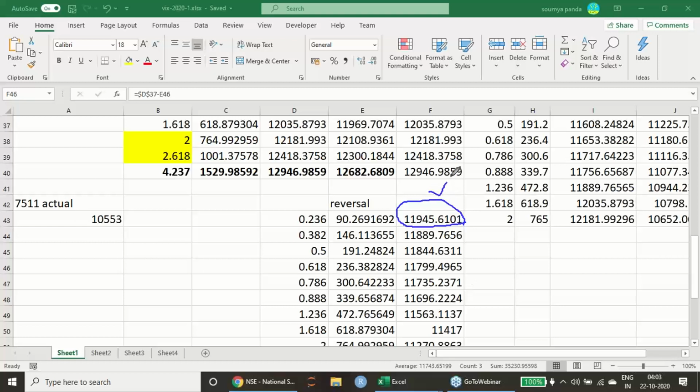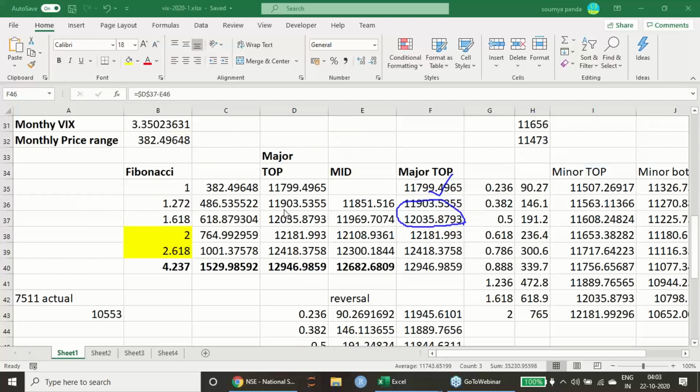If the Nifty manages to close above 11,946, I repeat, if the Nifty manages to close above 11,946, then it has every probability to create a major top, which may be bigger than 12,036, because this top is formed and from here the correction started.